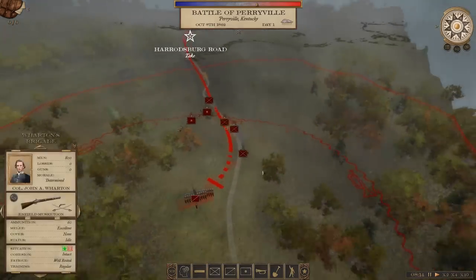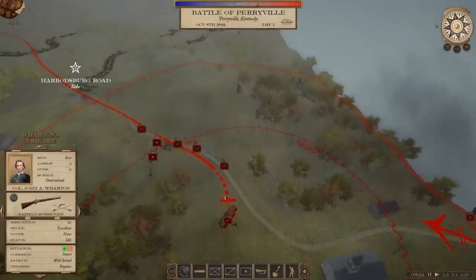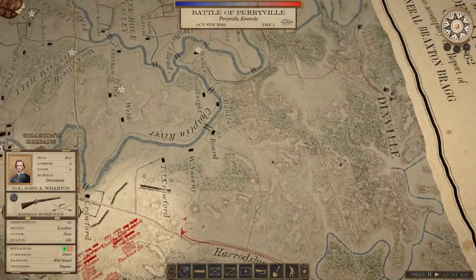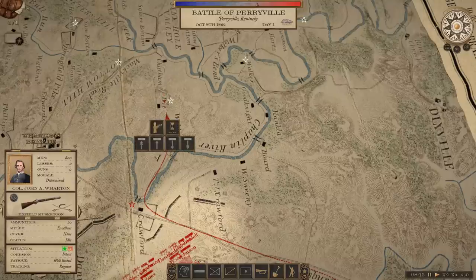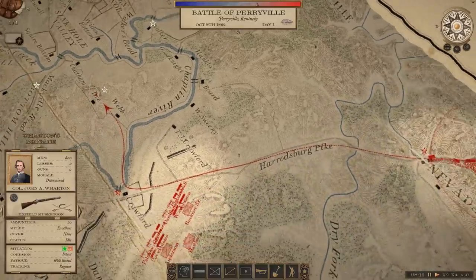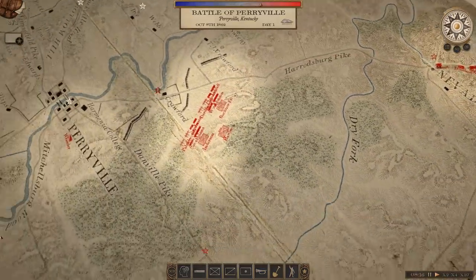Okay, so now we got Wharton detached. We can use him independently, so let's start moving him forward all the way across Chaplin River. The area mark is right here. Soon he should be on his way.